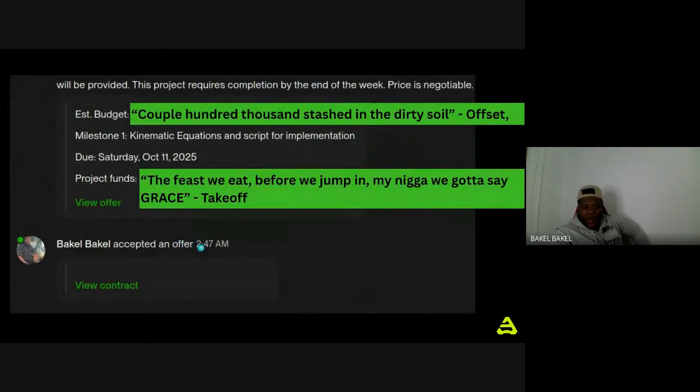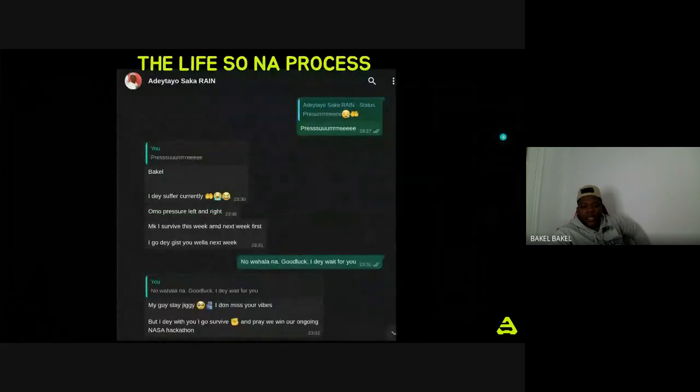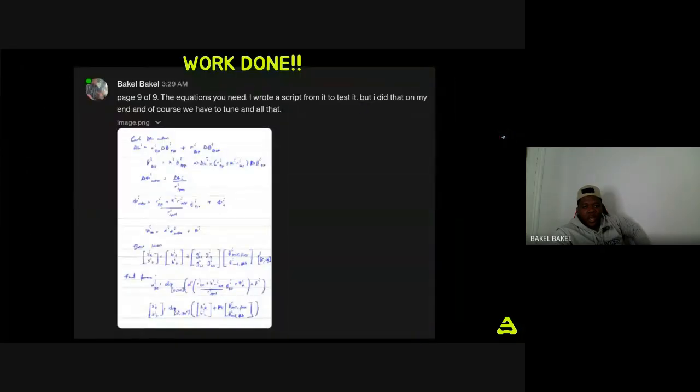We agreed on this at 2:47 a.m., and then the next day at 3:29 a.m. I submitted the equations. So I would show you what the kinematics of this kind of system looks like behind the scenes.